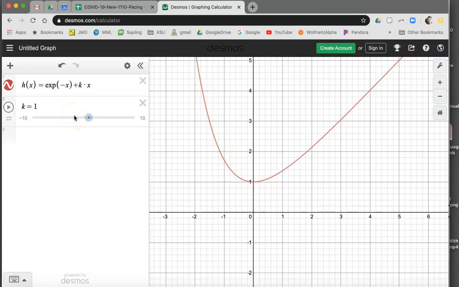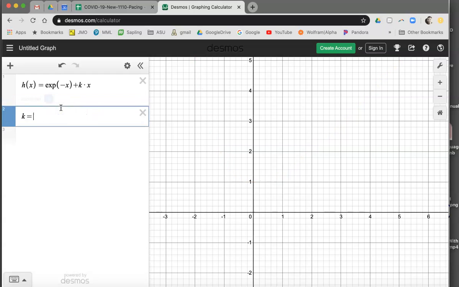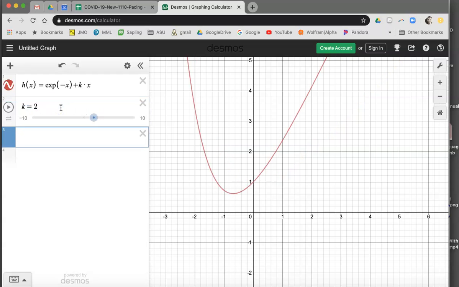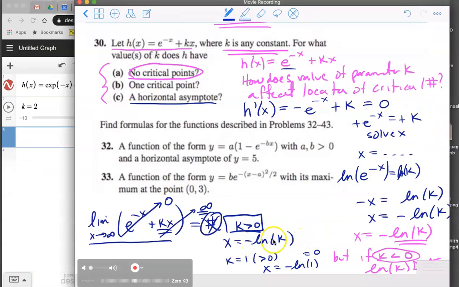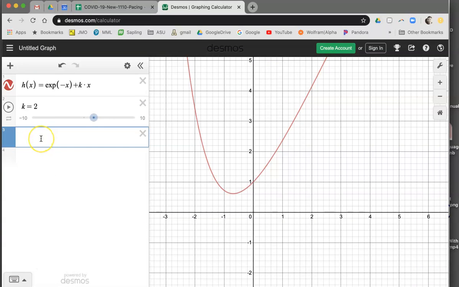And the bigger k got, for example when k was equal to 2, our critical number was negative logarithm of k. If you take the logarithm of 2, you get 0.69, and then the critical number moved to the left because our critical number was negative logarithm of k.